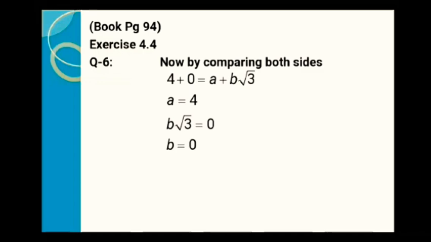Now comparing a with 4, because these are the simple terms without under root, a will be equal to 4 and b under root 3 will be equal to 0 because there is no matching value of this term. So under root 3 will be shifted to the other side, and it will become 0 by dividing 0. So a is equal to 4 and b is equal to 0. This is the final answer.